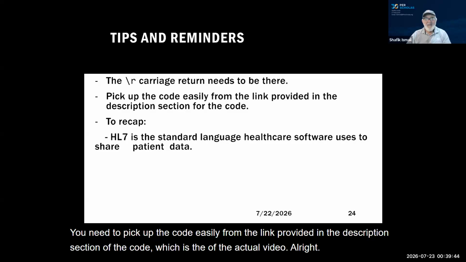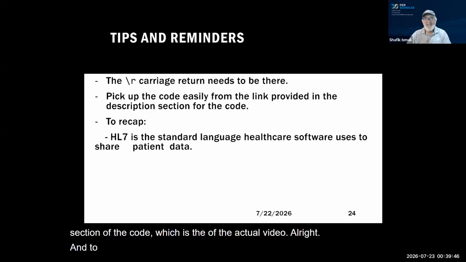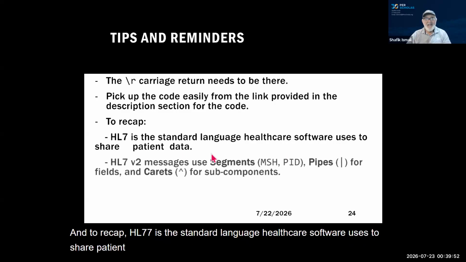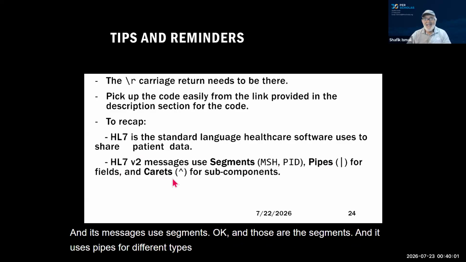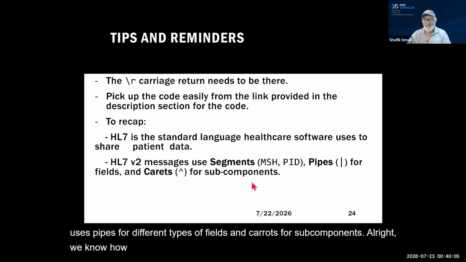And to recap, HL7 is the standard language healthcare software uses to share patient data, all right? And its messages use segments, okay? And those are the segments, and it uses pipes for different types of fields and carrots for subcomponents, all right? We know how that works, right? We've done that, okay?